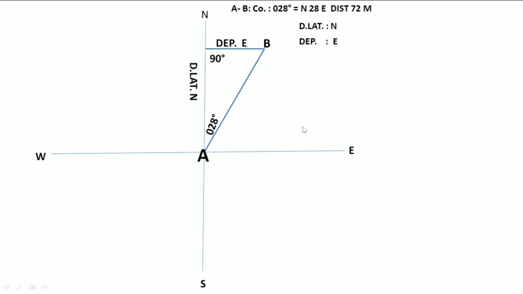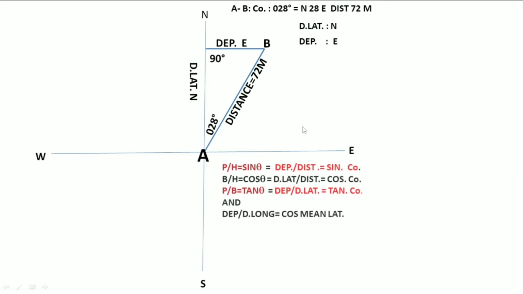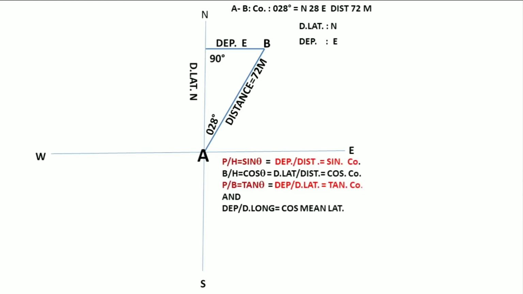And this is a right angle triangle. Distance given to me is 72. Now I know two things. Using trigonometrical functions, I can find out the other things which I have to calculate.